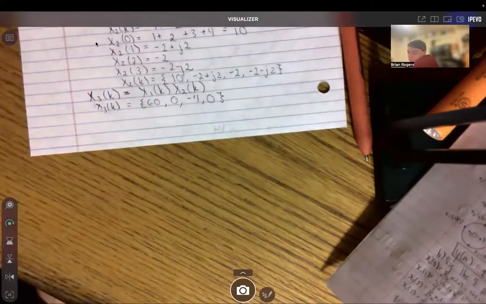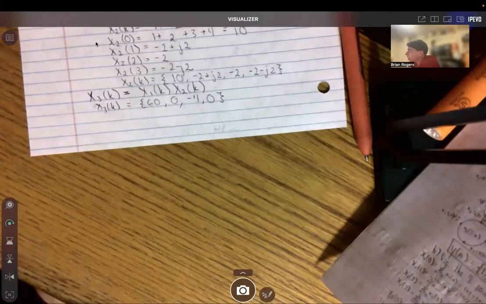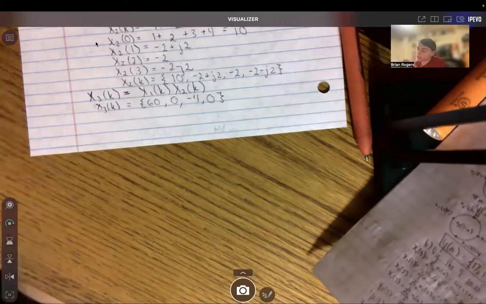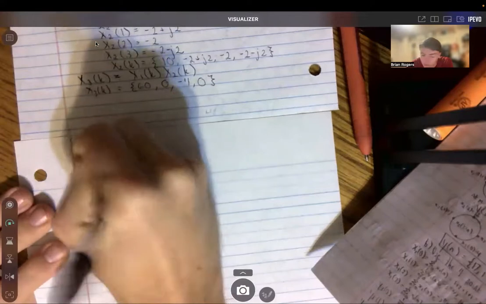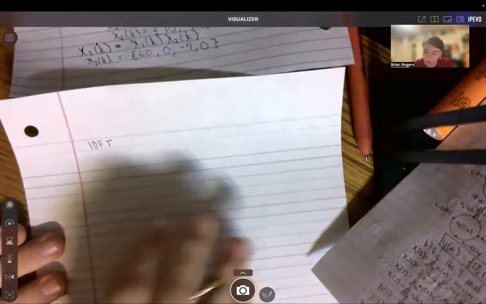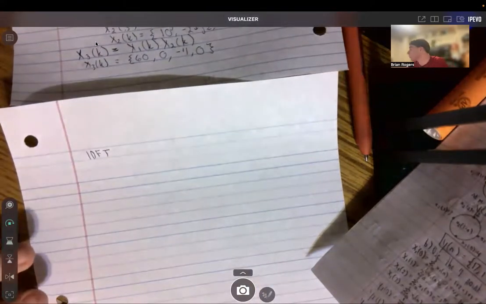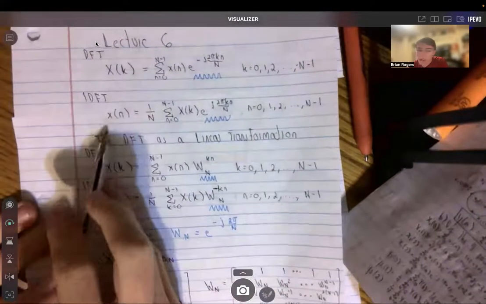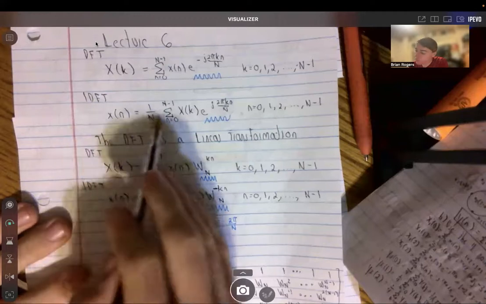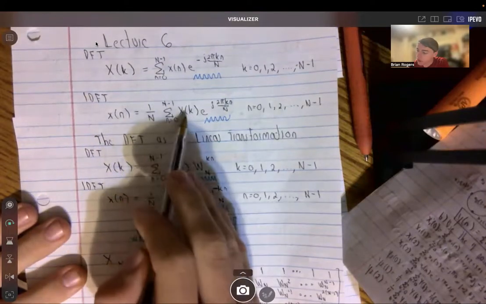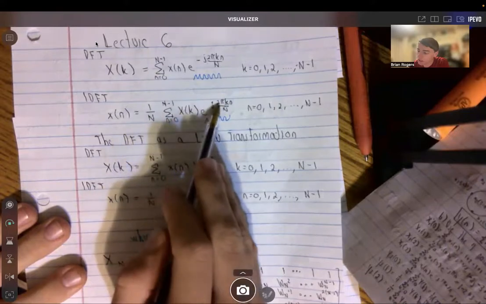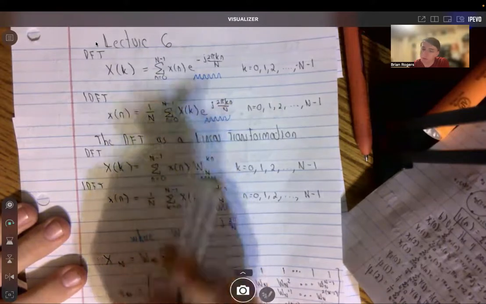And so in order to perform the inverse operation on this, so the IDFT, remember, from our formula we went over earlier, let me see, here it is. Your x of n, the IDFT, is equal to 1 over N, our N is 4, and then the sum from 0 to 3 of x of k e to the j 2 pi k n all over 4.